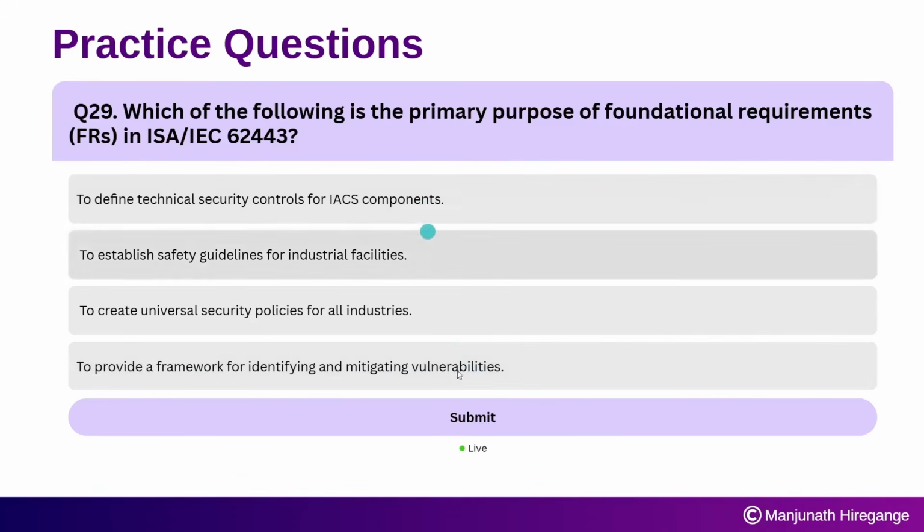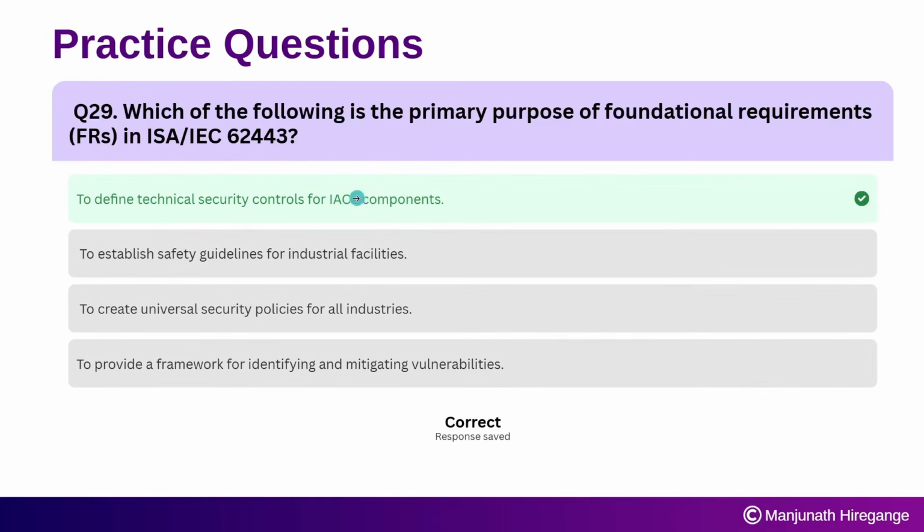So you can easily answer if you know some of the topics in 62443: foundational requirements, system requirements, component requirements, security levels like SL 1, 2, 3, 4, SLA, SLC, SLT, so like that. So it's a defined technical security control for IACS components, right? A system must implement to ensure security operations. So this is the right answer.